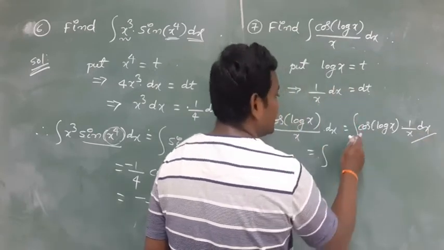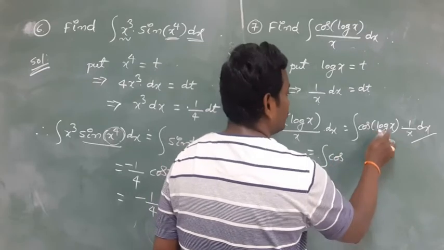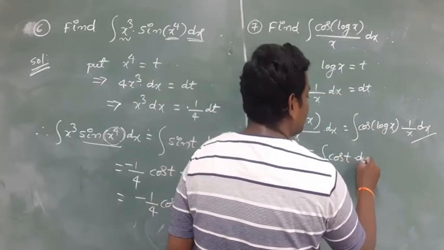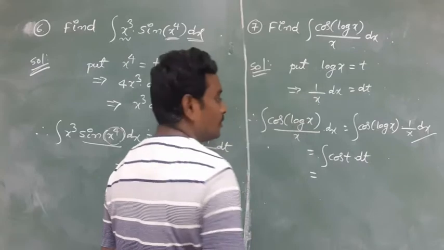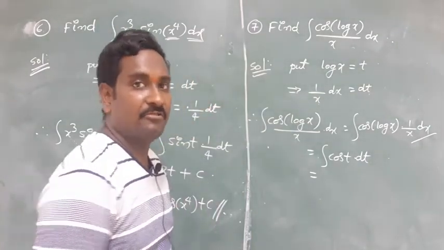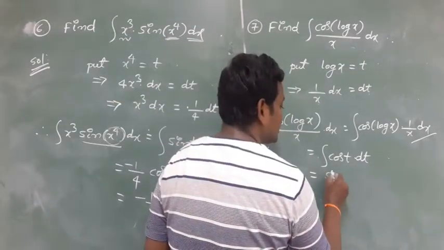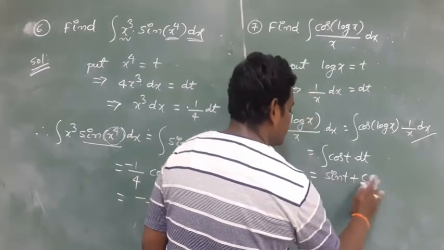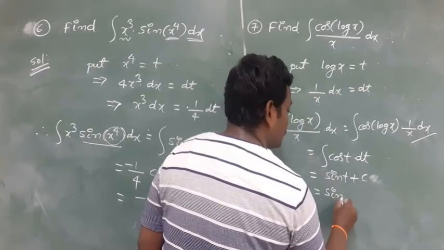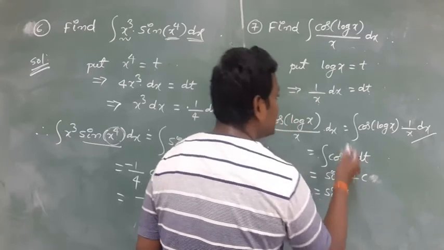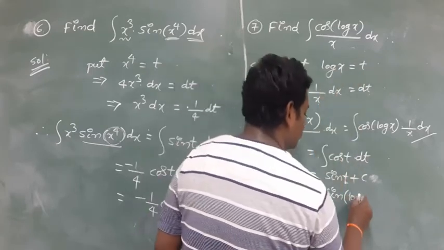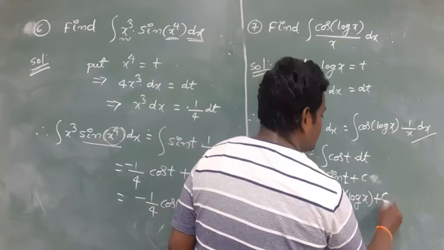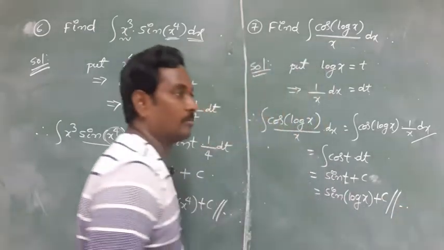So you get integral cos of, what is log x? t, into dt. What is the integration of cos t? Everybody knows that integration of cos t is sin t plus c. That is equal to sin of what is t? Finally you should replace t by log x, plus c. In this way we can complete the problem.